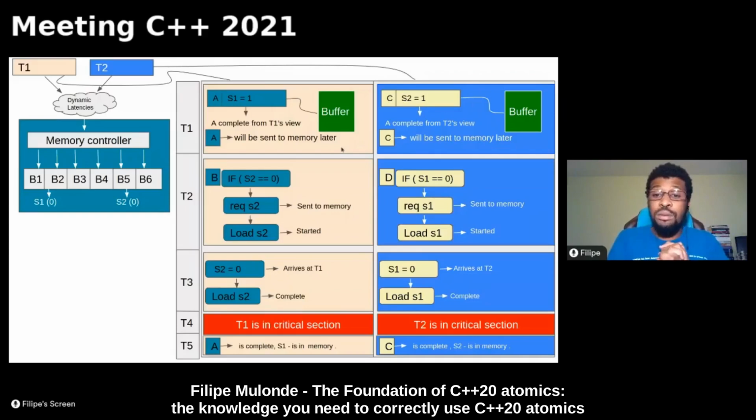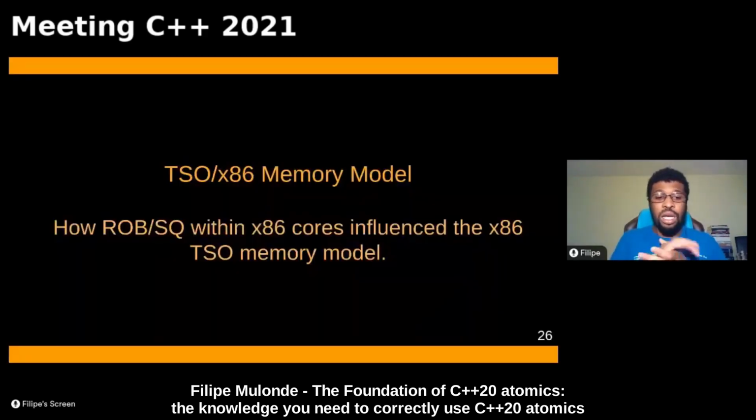This outcome may be surprising to some of us, but it is actually expected from almost all modern computer architectures today. So the memory model of some architectures is affected by the buffer and also other mechanisms that are used at the microarchitecture level.